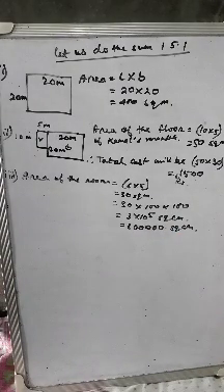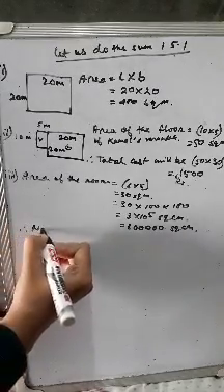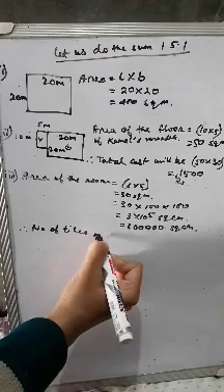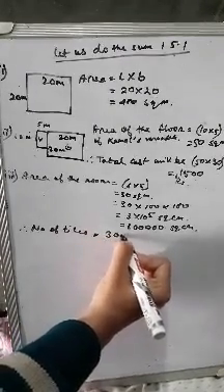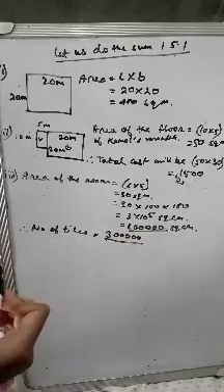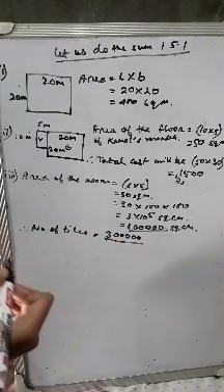So the number of tiles will be how much? This 3 and 5 zeros divided by the area of the tiles.